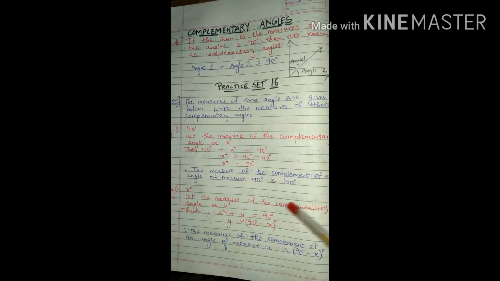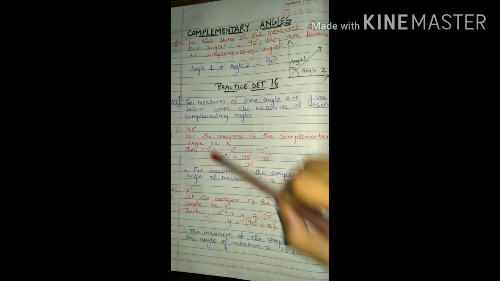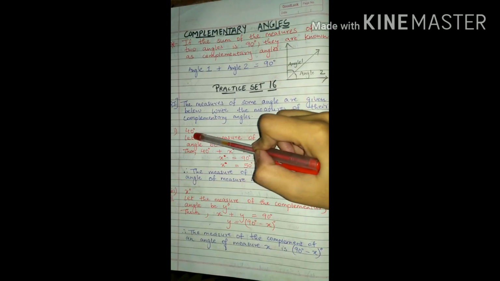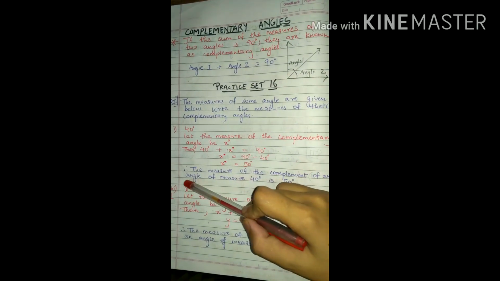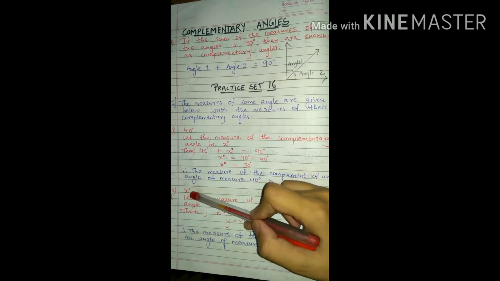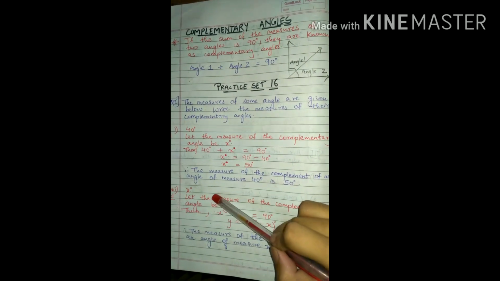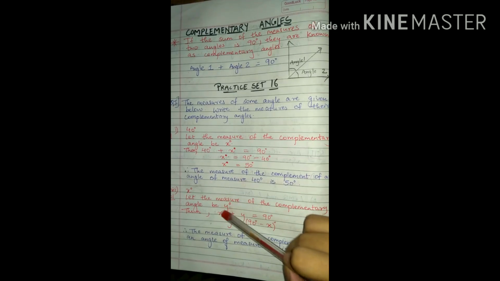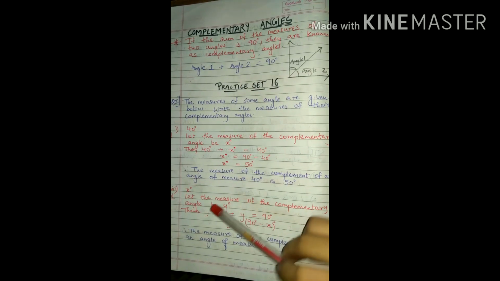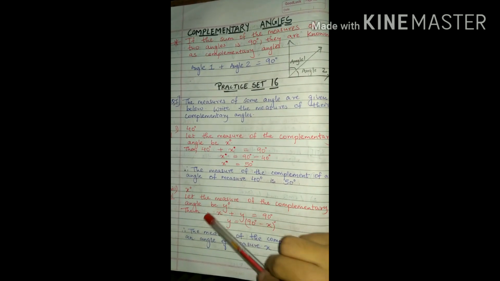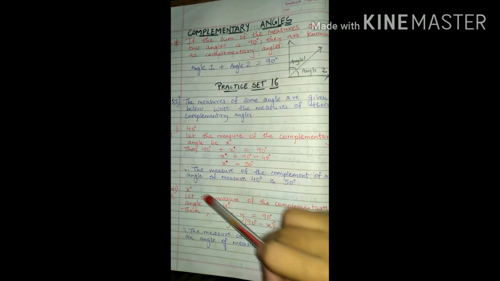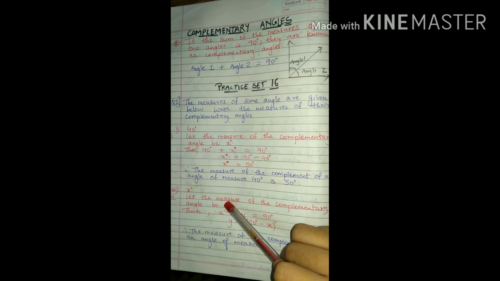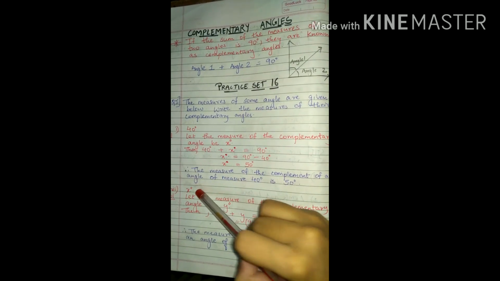Let the measure of the complementary angle be y degrees. Before, the measure was given as a number, so we took x. But here they are taking x, so that's why we are taking some other variable. So let the measure of the complementary angle be y. Means one angle is x and the other angle, the complement to x, is what?